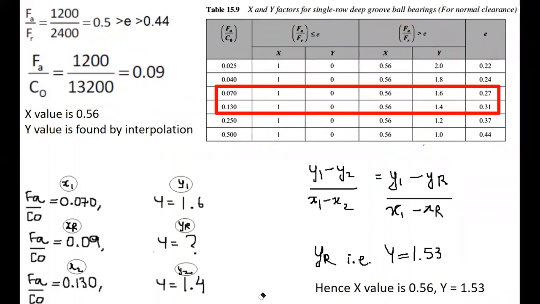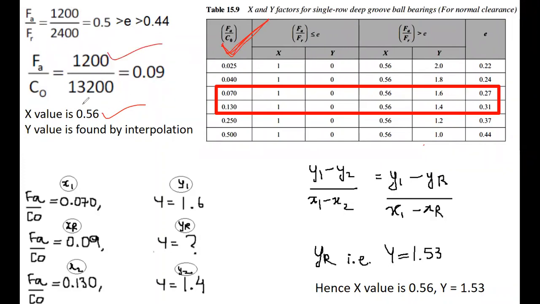Now, it is understood that X value will be 0.56 because everywhere X value is 0.56. But which Y value should you take? For that, you have to find out FA upon CO ratio. FA is 1200.